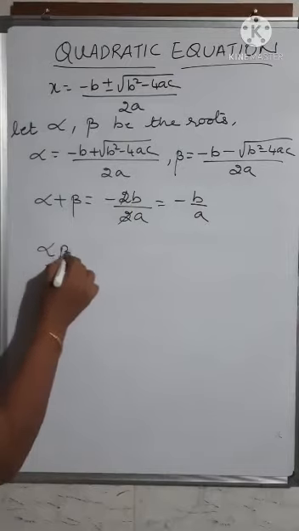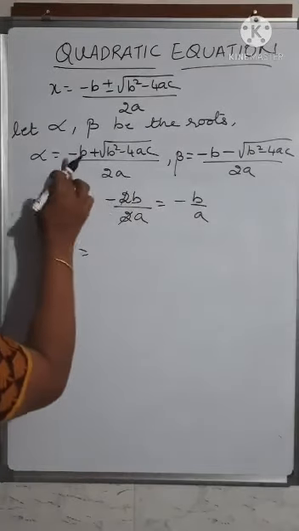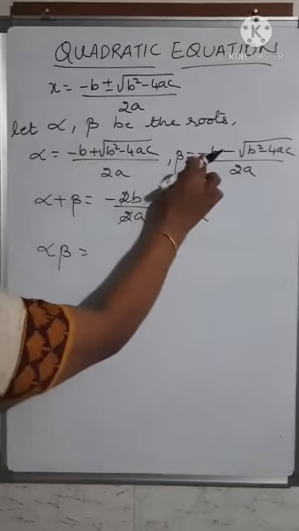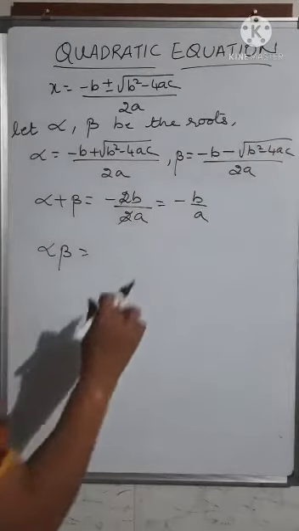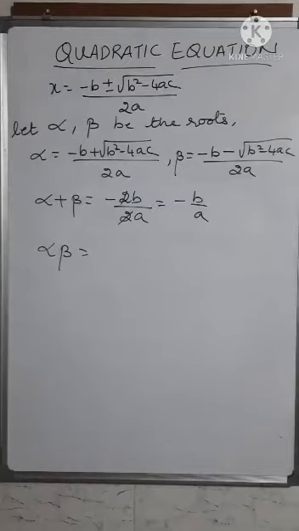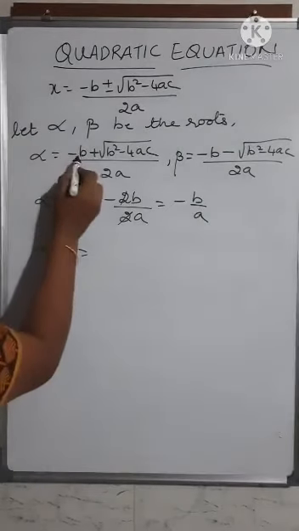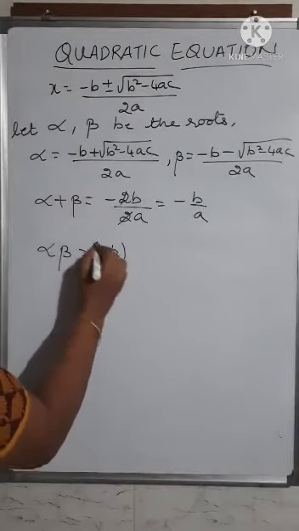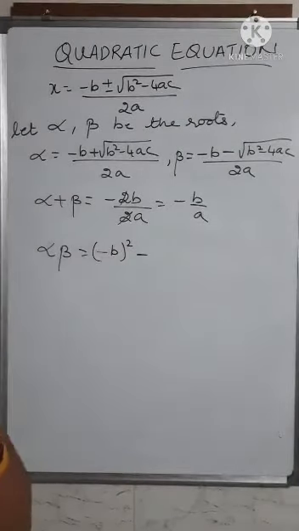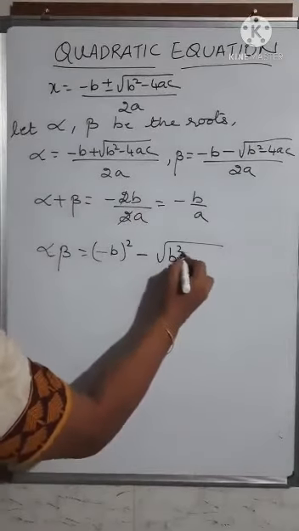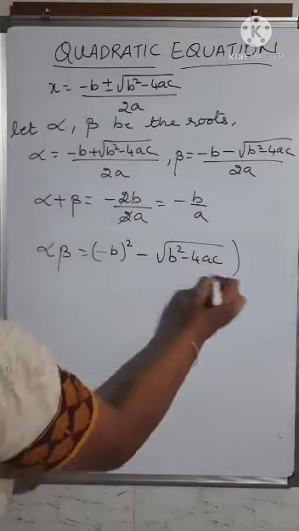Now the product. When you multiply the two roots, this is in the form of a plus b into a minus b, which can be written as a square minus b square. So in place of a you have got minus b whole square, and in place of b you have got root b square minus 4ac whole square.